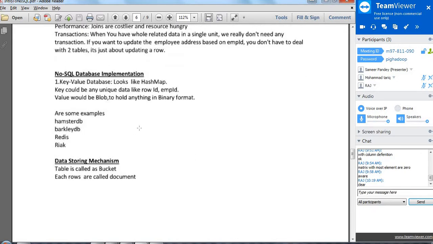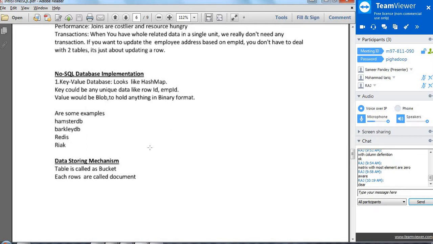Now understand what are the NoSQL database implementations. The key value database. How does the key value database work? Anybody having an idea of hash map? What is hash map? Hash map is a collection in Java. What is collection?